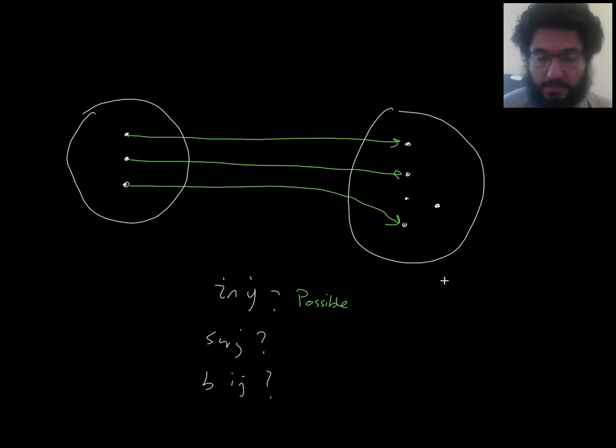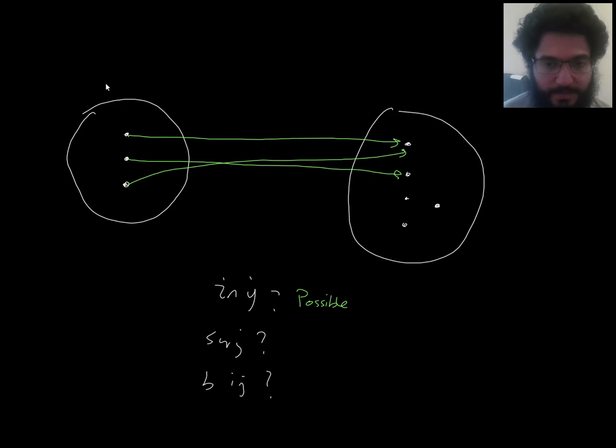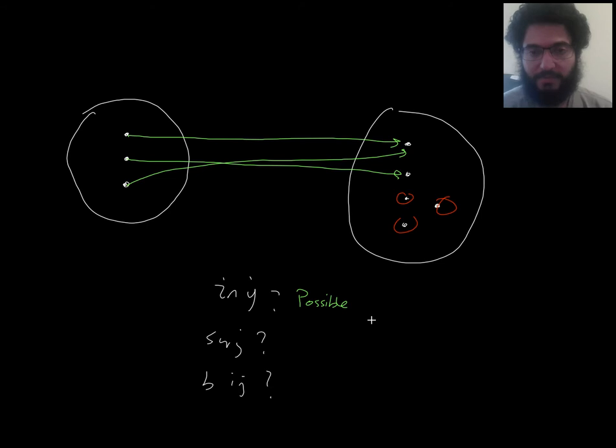But for it to be a surjection, there has to be nobody here left behind. But look, with the way it's done so far, these guys get left behind, right? And it seems like no matter what I choose, no matter how I send these points over, no matter what I do, some guys are going to get left behind over here, and you will have something that's not a surjection.